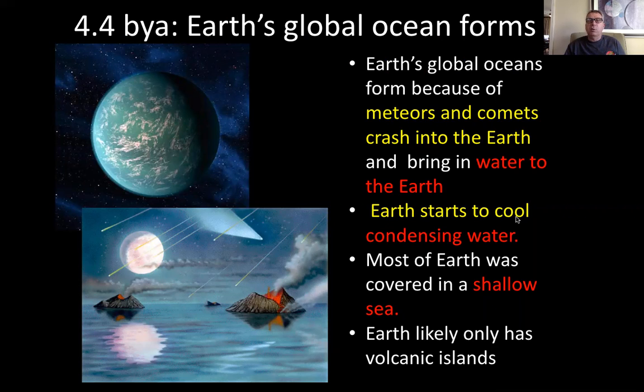So Earth starting to cool causes the water to condense. And then the continued effect would be a shallow sea. All right, it may have volcanic islands, but for the most part, we have shallow seas.